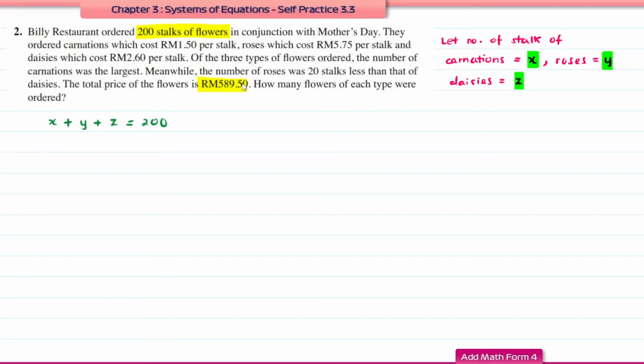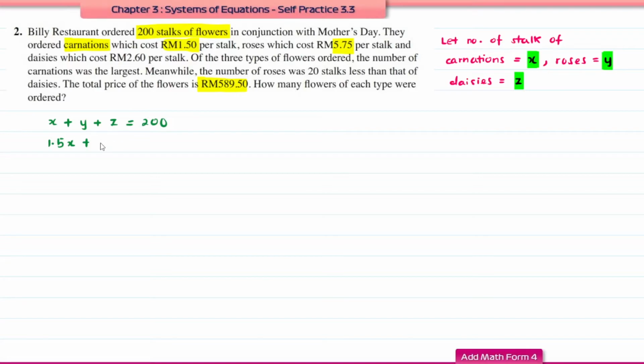To calculate the price for the carnations, we multiply the number of stalks of the carnation, which is X, with 1.5 ringgit. So the price for the carnations will be 1.5X. And for the roses, we multiply the number of stalks of the roses, which is Y, with 5.75.